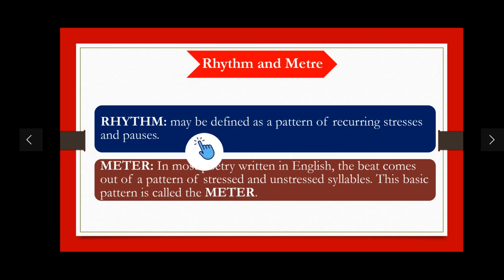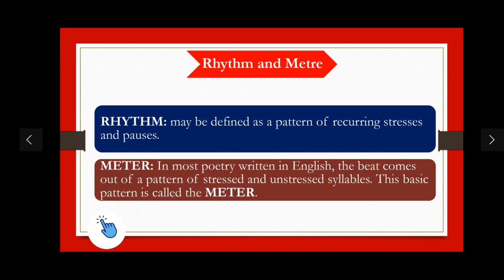So this is called rhythm. Rhythm can also be defined as a swing or a movement that comes to our ear, or we hear when we read a line of poetry.